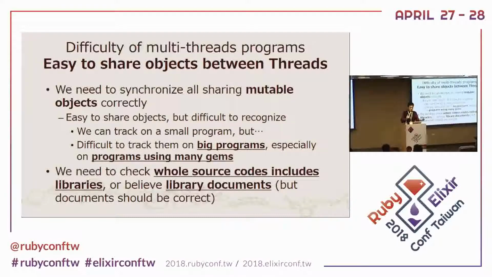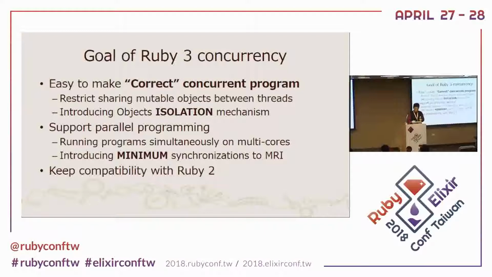So it means that we need to check the full source code, including libraries or gems or frameworks, or believe the documents as a source code. So this is why thread programming is difficult, and the goal of Ruby 3 concurrency is, without such difficulties, to make a correct thread-safe concurrent program.